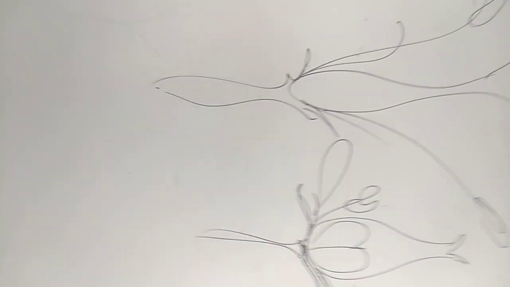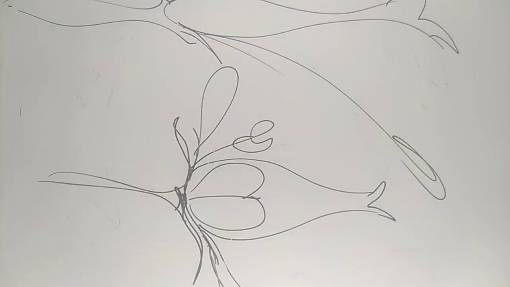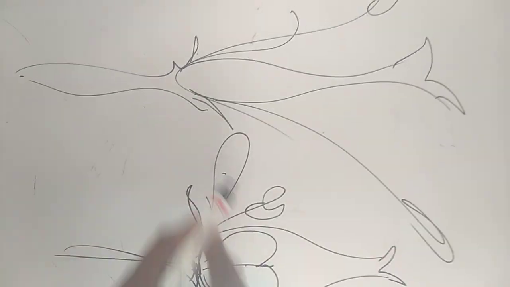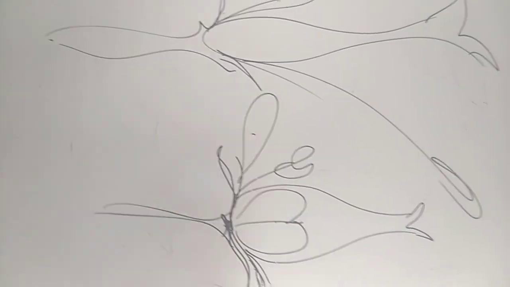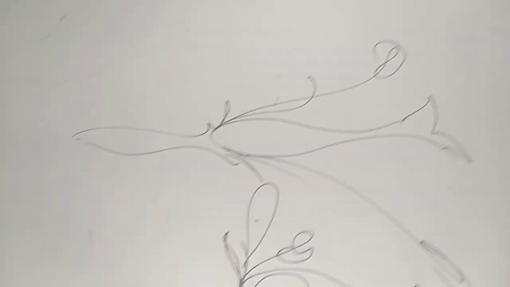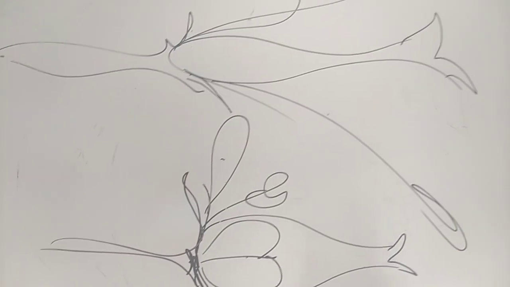This is the sepal, and this is the thalamus. If you see the clear image, this is the thalamus, this is the ovary, and the remaining parts of the flower. Calyx, corolla, androecium, all these three parts are developed from the base of the ovary, and that's why this is called superior ovary.